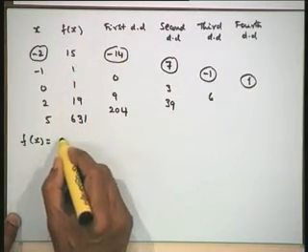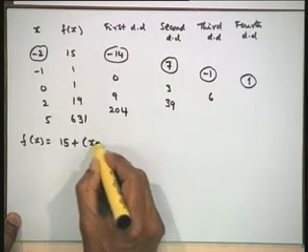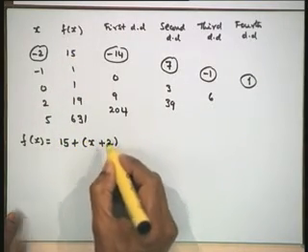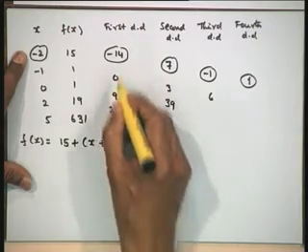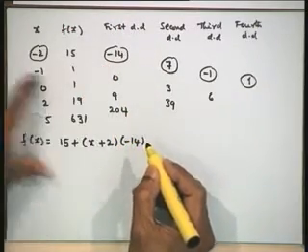This will be equal to f at x naught, that is 15, plus x minus x naught, that is x plus 2, into the first divided difference, that is minus 14.